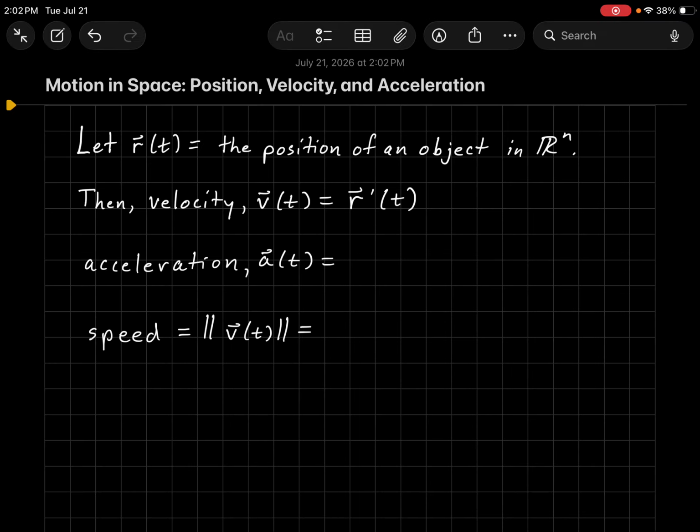And the acceleration, a of t, is the derivative of velocity, or the second derivative of position. Speed is defined to be the magnitude of velocity, so we could also write that as the magnitude of r prime, or, as we saw in an earlier video, ds dt.